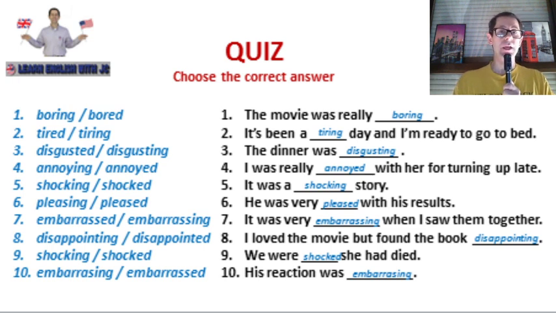Number 5, it was a shocking story. Number 6, he was very pleased with his results. Number 7, it was very embarrassing when I saw them together. Number 8, I loved the movie but found the book disappointing. Number 9, we were shocked she had died. And number 10, his reaction was embarrassing.